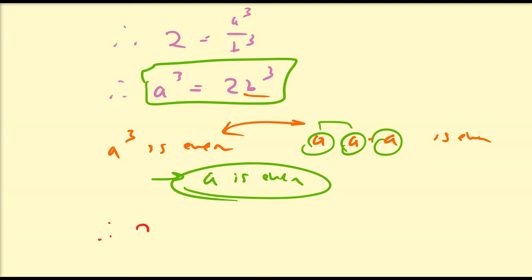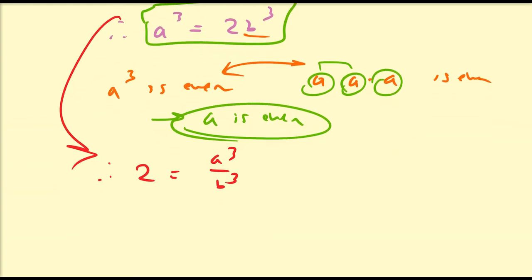So we have that 2 is going to be equal to a cubed divided by b cubed if I just rearrange that equation, right? So that means what? Let's see. Let's rearrange this a little bit. Let's do it another way. Let's do a cubed divided by 2 is equal to b cubed. Is this what I want? Yeah. So now I'm going to use the fact that a is even.